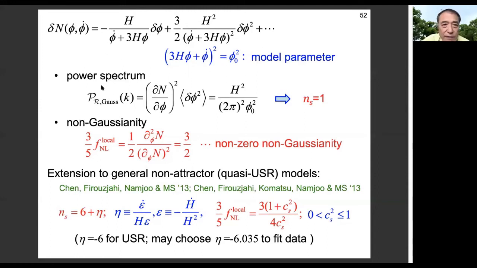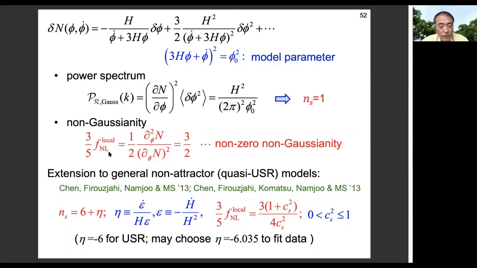Anyway, it's very easy to compute the power spectrum, and the power spectrum is just given by this h over 2 pi phi naught squared, and in this special case, you have the exact scale invariant spectrum. Essentially, apart from a very minor correction, it's almost exactly n equal 1. And then non-Gaussianity is non-vanishing, although this is a single field inflation model, because you have the phi dot dependence in number of V4.